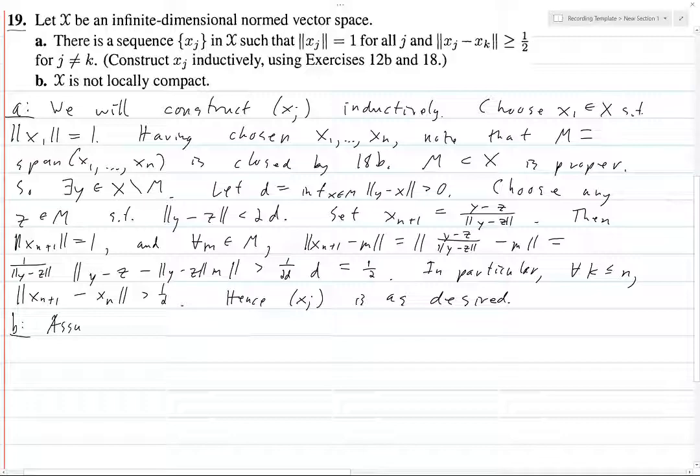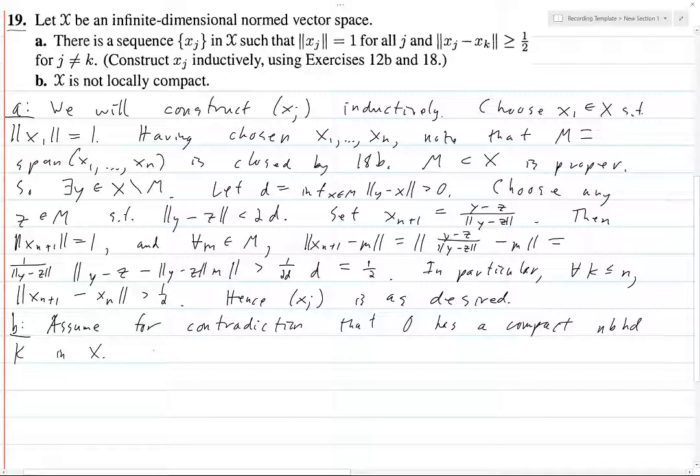So assume for contradiction that 0 has a compact neighborhood, say K, in X. Then there is some radius r greater than 0 such that the ball B2r centered at 0 is contained in K. Then, if we divide everything by r, the ball of radius 2r divided by r gives the ball of radius 2.